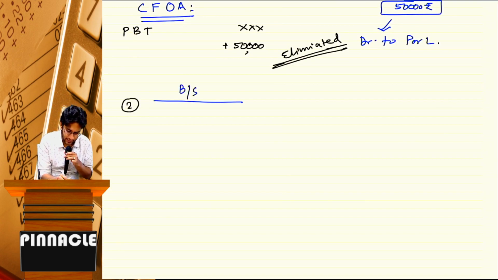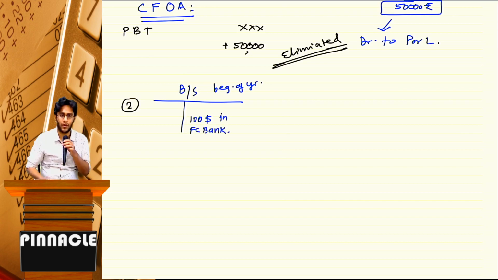This is my balance sheet, sir. At the beginning of the year, I went and invested $100 in a foreign currency bank account. Whether it is a local bank or a foreign bank, either way, bank balance is cash only. So $100 invested.